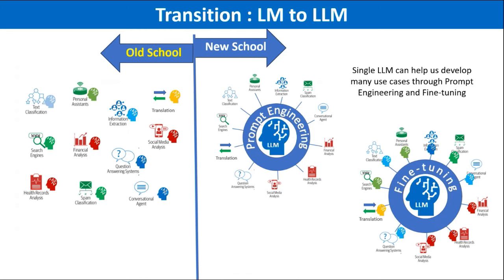This new approach involves constructing task-specific applications around the central model through techniques like prompt engineering and fine-tuning, making a departure from the conventional isolated training methods. We will talk about prompt engineering and fine-tuning in a separate video.